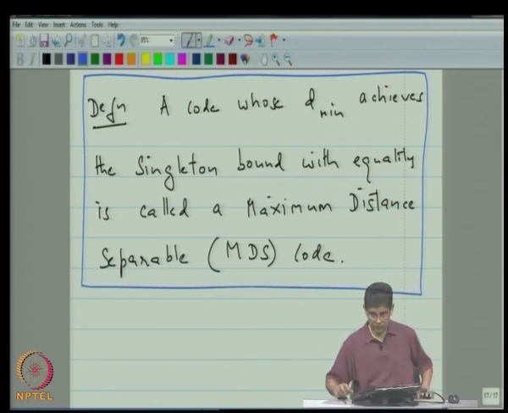The reason for this term is quite clear, because what we are saying is that if a code is MDS, then the minimum distance is as large as possible, which means that in some sense you are trying to keep the codewords in the code as far separated as you possibly can.